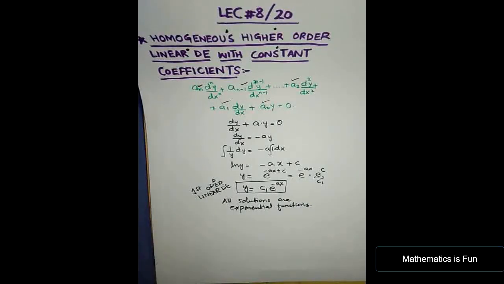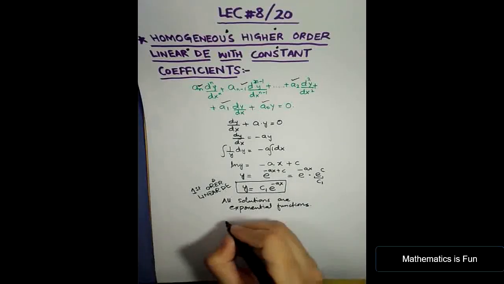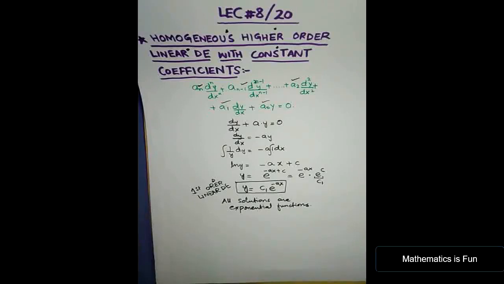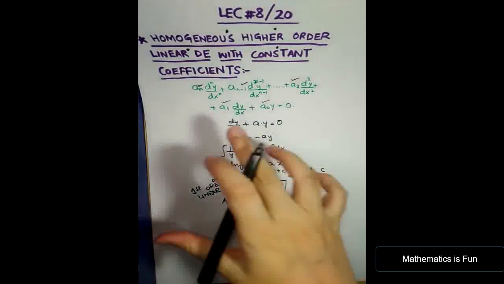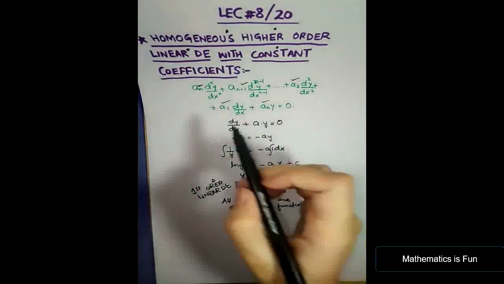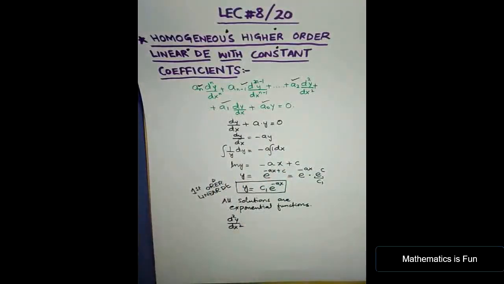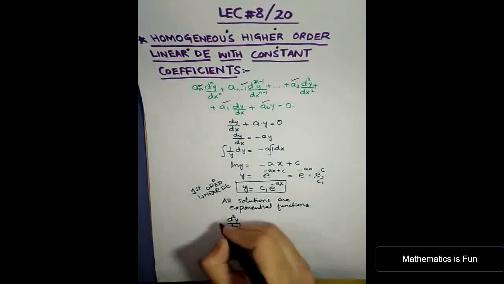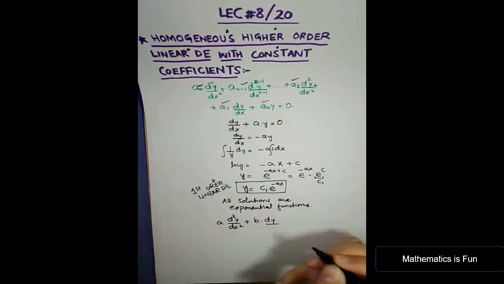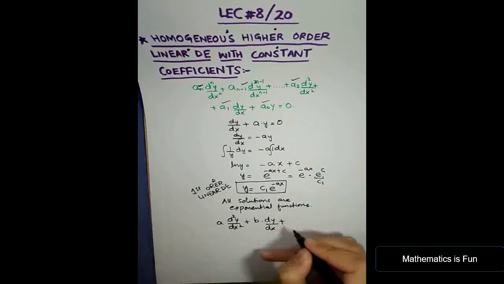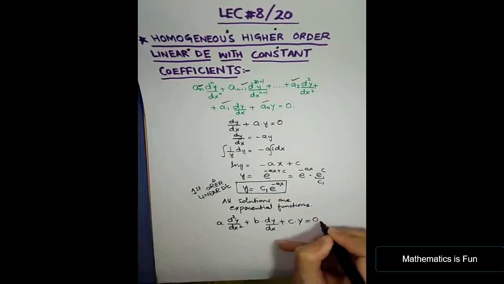Okay, now I will consider the second order linear differential equation, and I'm writing it with constant coefficients. So second order is d2y by dx square, and now instead of an minus 1, a2, a1, a0, I am writing simply a, b, c, which are three constants: a into d2y by dx square plus b into dy by dx plus c into y equals to 0.